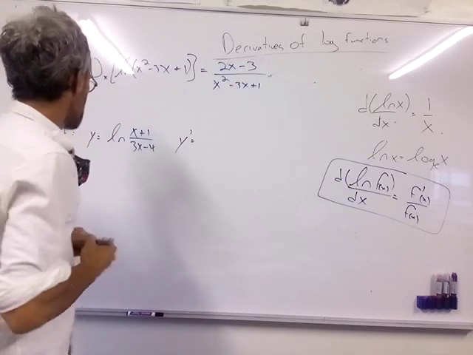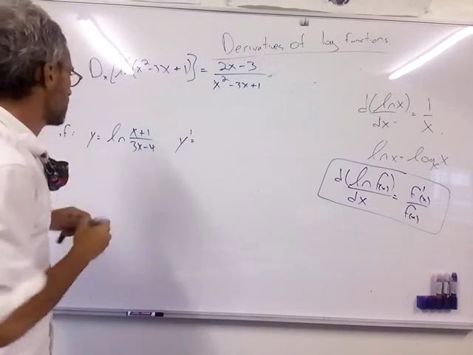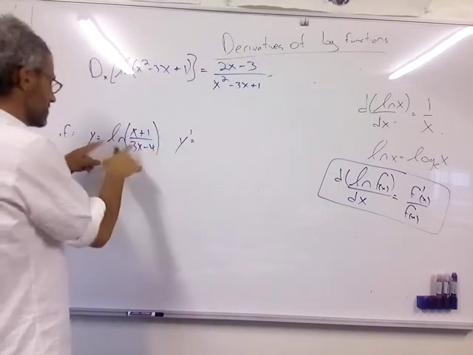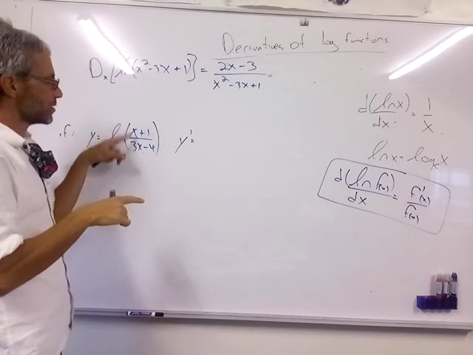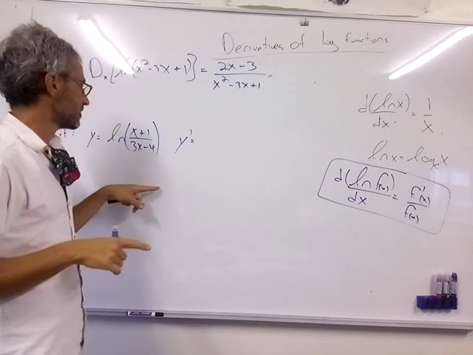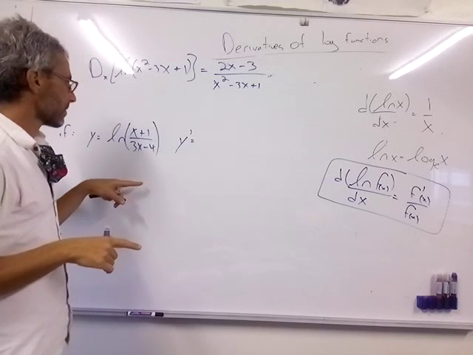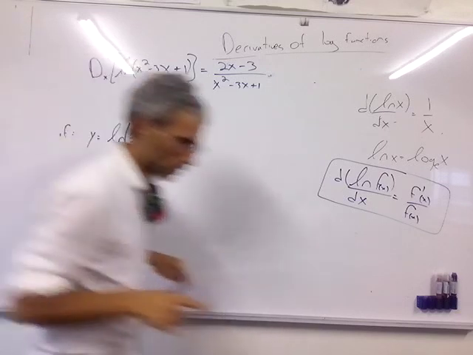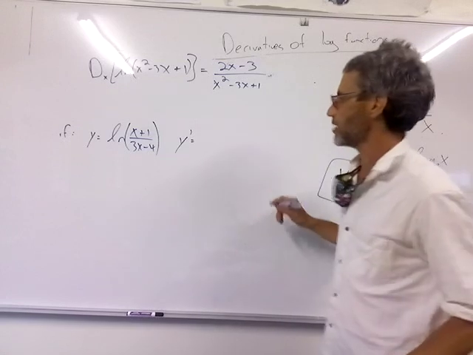Now the next one, a step up. I've got this function, log of x plus 1 divided by 3x minus 4, and again I want to find the derivative. The hard way, I'll start with it, but then I'll change course.